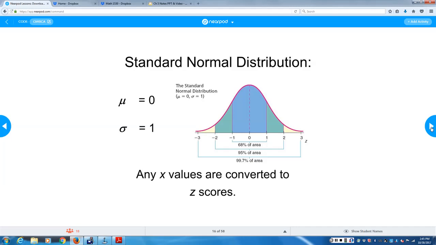Now, the only other part that we're going to worry about today is talking about something called a standard normal distribution. A standard normal distribution always has a mean of 0, and it always has a standard deviation of 1.